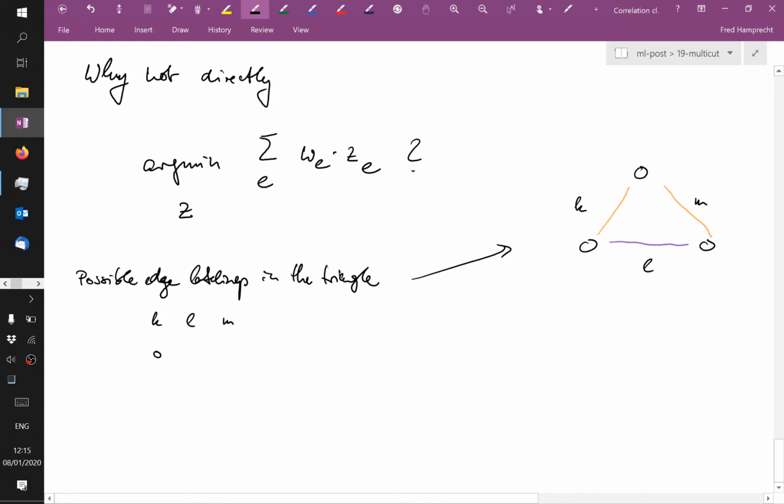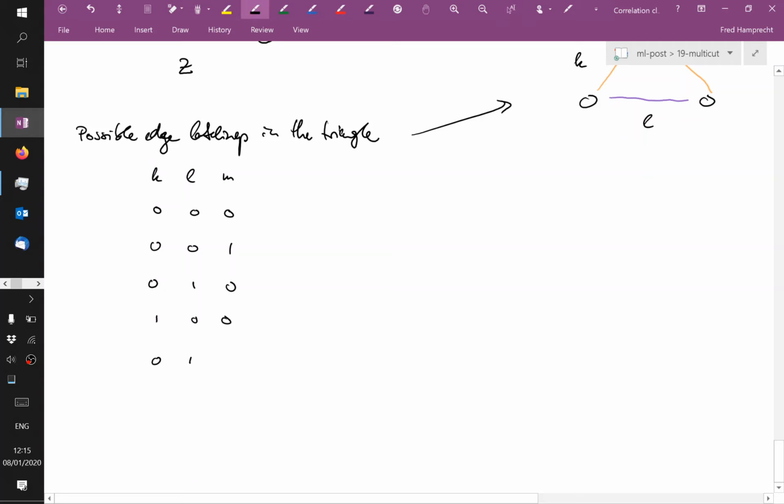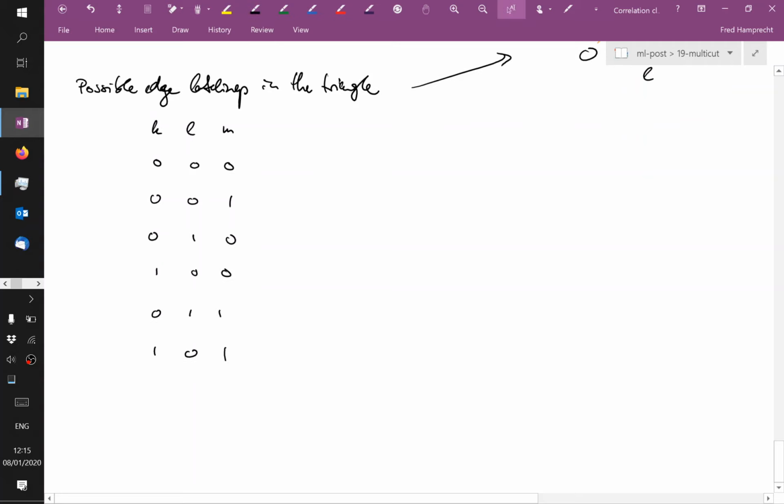So we start with 0, 0, 0, 0, 0, 1. Okay, I've not followed the binary digits here for a reason.